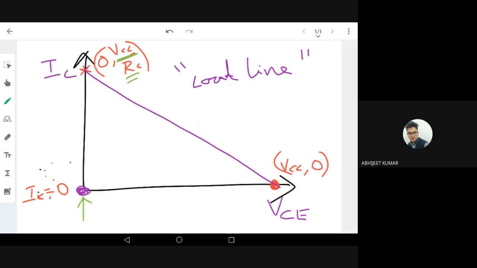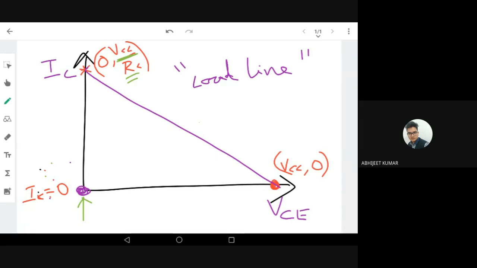Till now, the transistor has not come in. We have not plotted the characteristic of the transistor yet. Now we have plotted the characteristic of the load, meaning the power supply and RC, the resistance: the maximum possible IC and maximum possible VCE across the transistor.